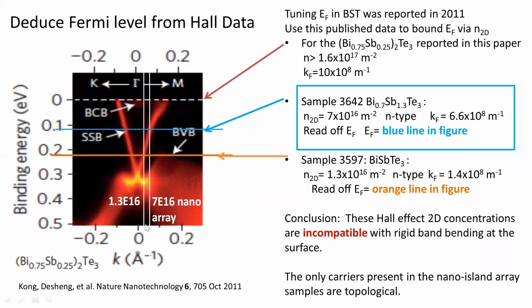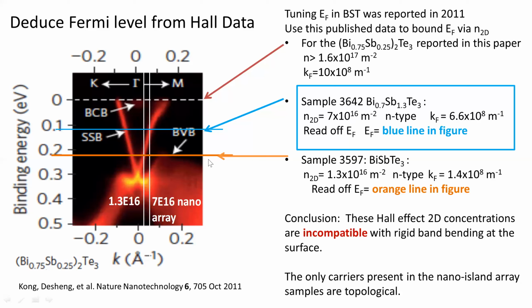We use this number to trace back the Fermi level by drawing a line at this k value right here. It will cross the surface band, and we draw another line to find the Fermi level. As shown in this picture, the Fermi level is below the conduction band and above the Dirac point. So it's purely 2D density, and it's N-type.